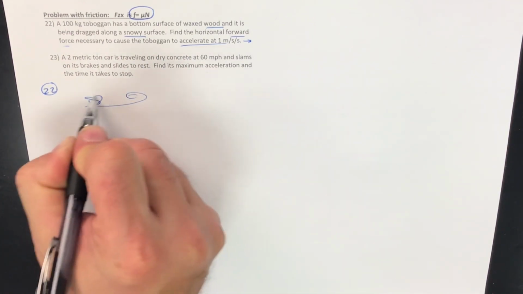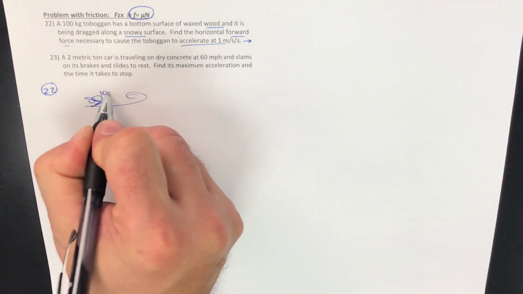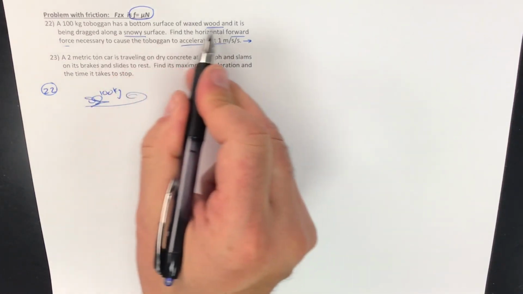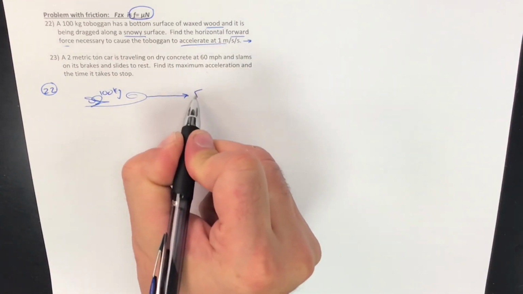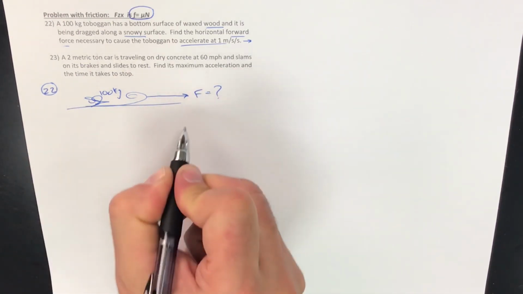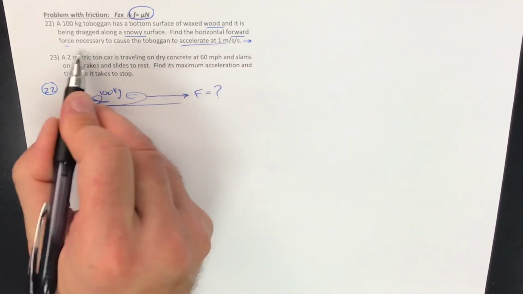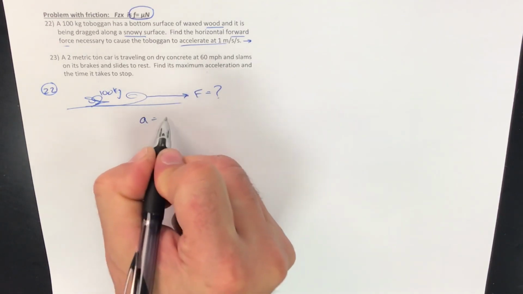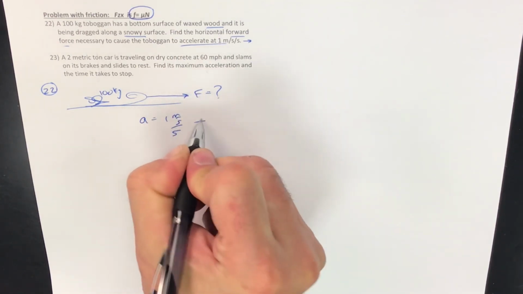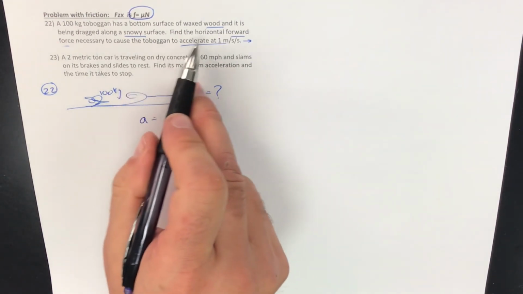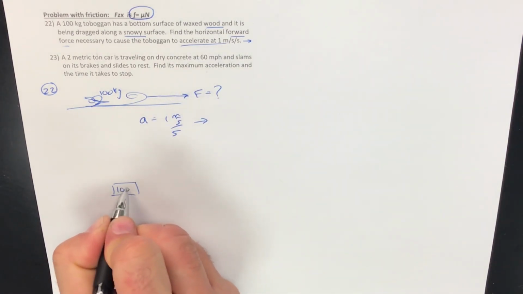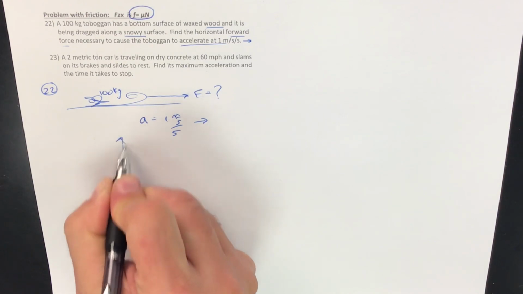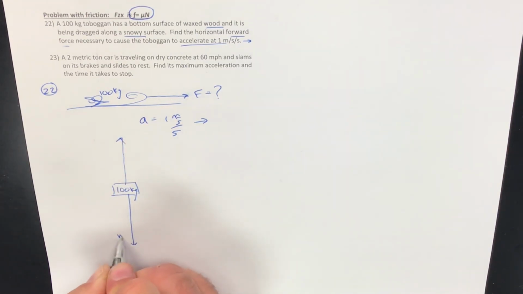Got the toboggan with the little people on the back end. This is a 100 kilogram toboggan. Bottom surface being dragged along by a horizontal forward force. Horizontal forward force, don't know what that is. It's on a surface here. And necessary acceleration is 1 meter per second every second forward. Okay, so free body diagram, 100 kilograms, the normal force and the weight.